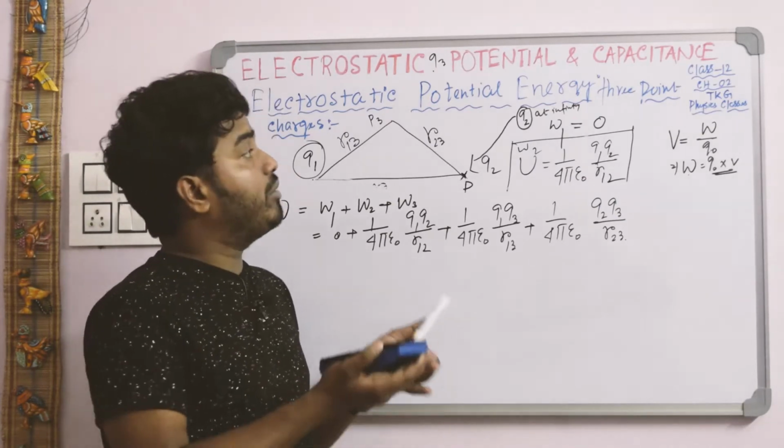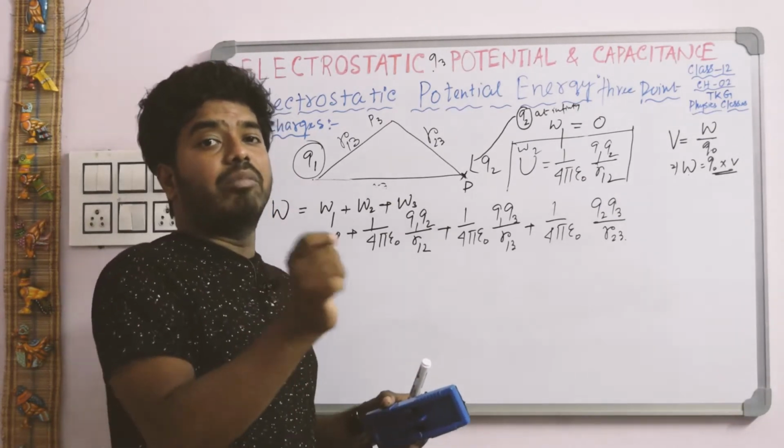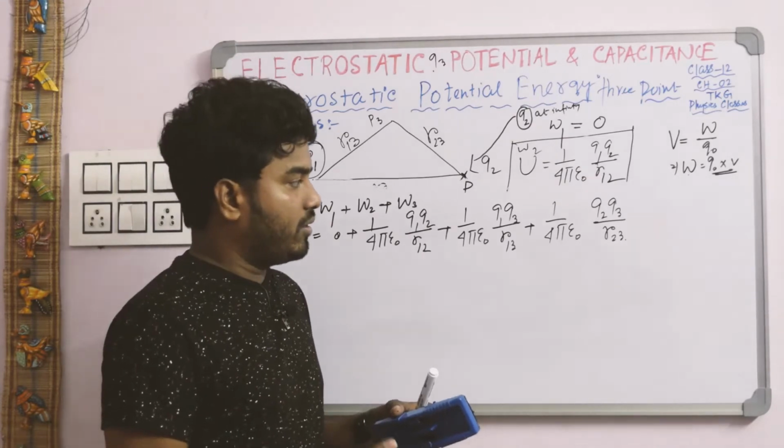That is the electrostatic potential energy for n number of point charges. So write it down.